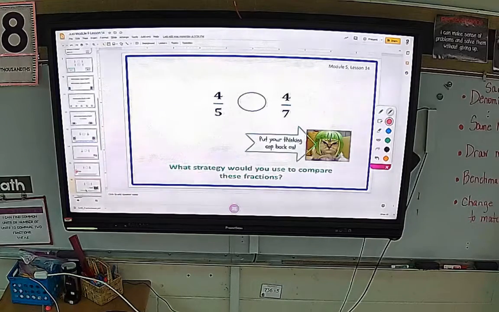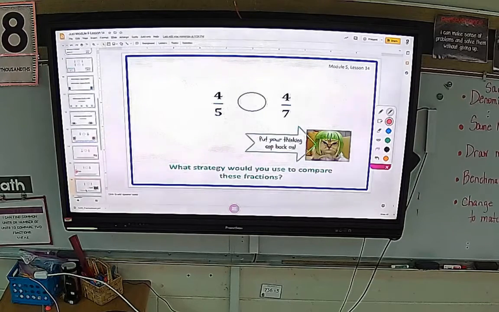Do they have the same denominator? Do they have the same numerator? Are we going to draw a model, use benchmarks, or change a denominator? Look at them carefully. No, keep looking. You'll see it in a second. Look at those two fractions.